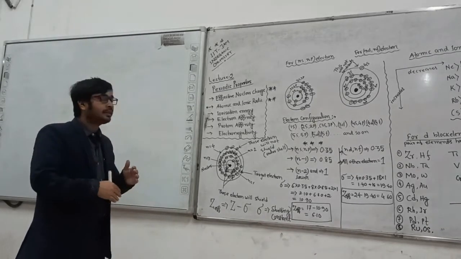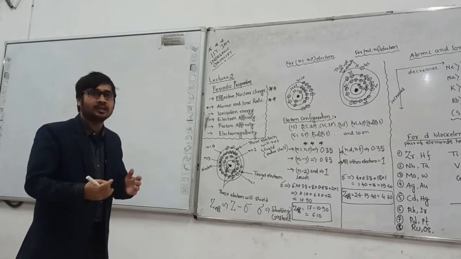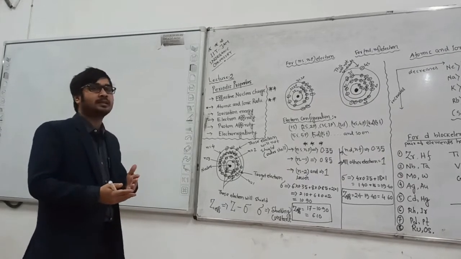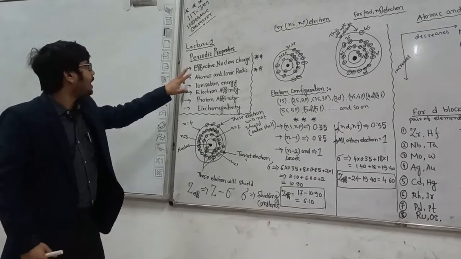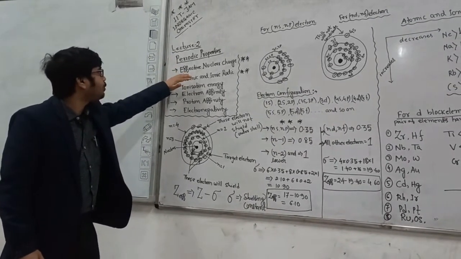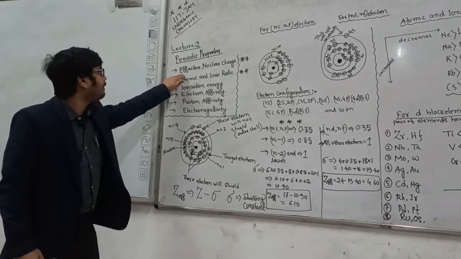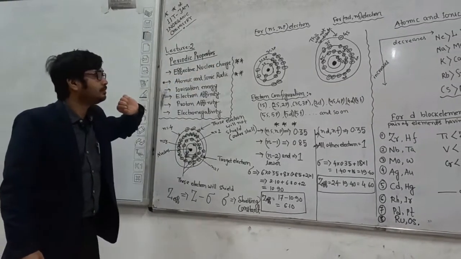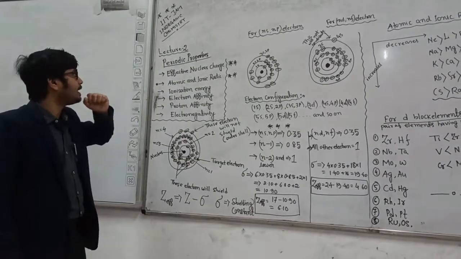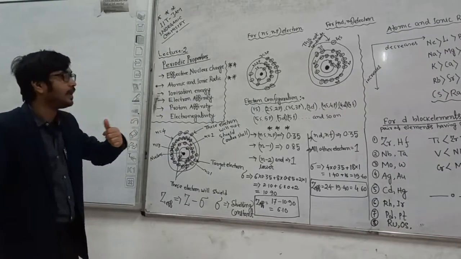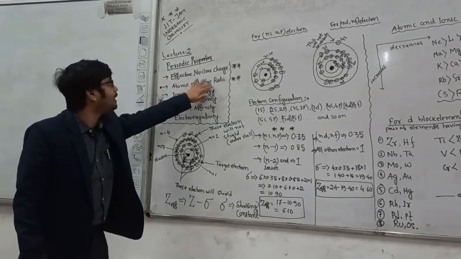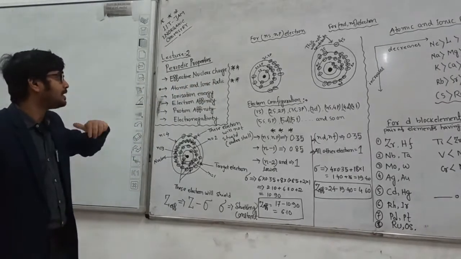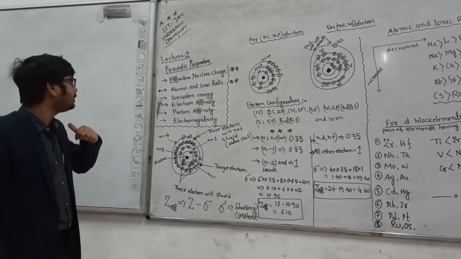So what is there in the syllabus in your IIT JAM, or even the same syllabus is there at CSIR NET also. In periodic properties, the most important parts that you need to study are effective nuclear charge, sometimes known as Slater's rules or shielding effect. Then you need to understand atomic and ionic radii, which is again very important.